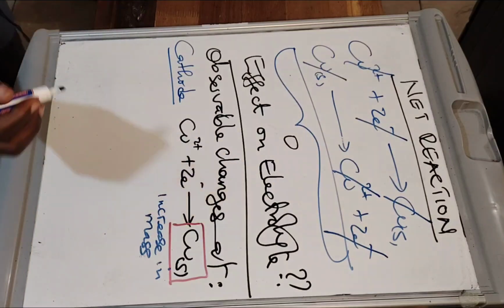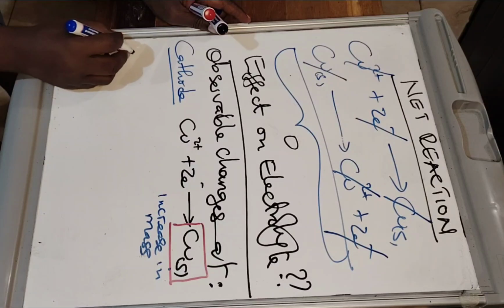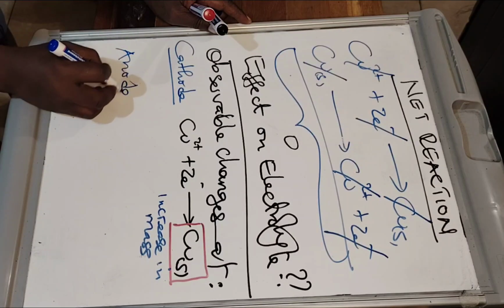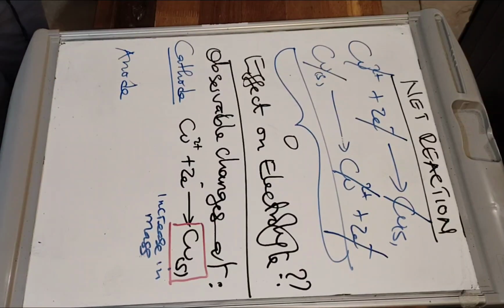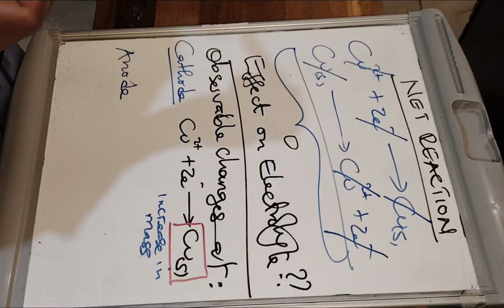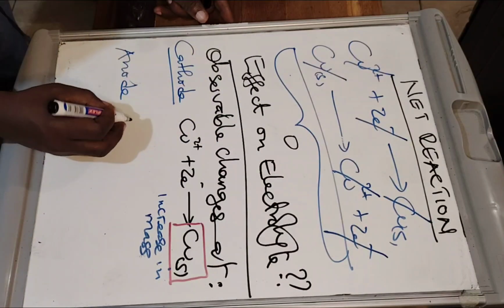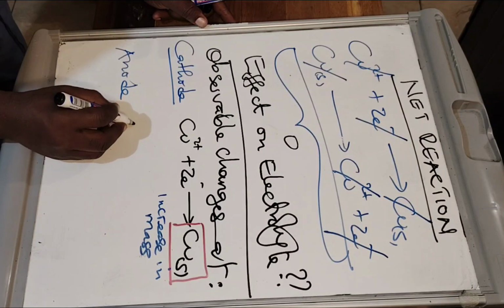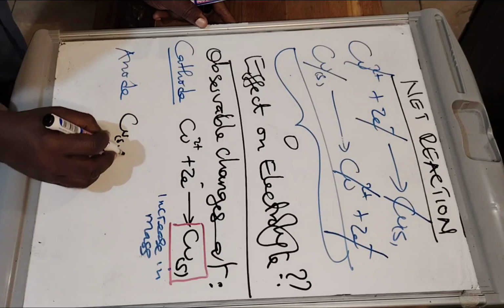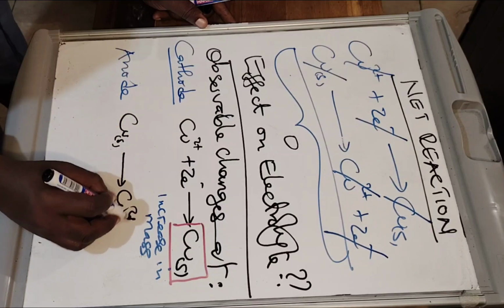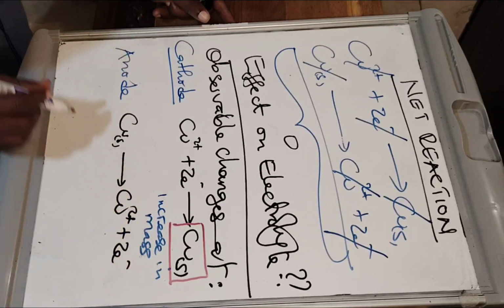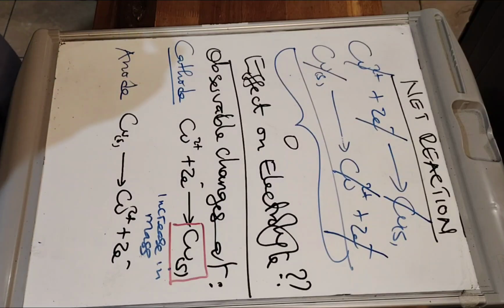Okay, let us go to the anode. We must not forget this. At the anode, what happened? Oh, copper became oxidized. It was supposed to be copper solid, losing 2 electrons to give you 2 copper ions.